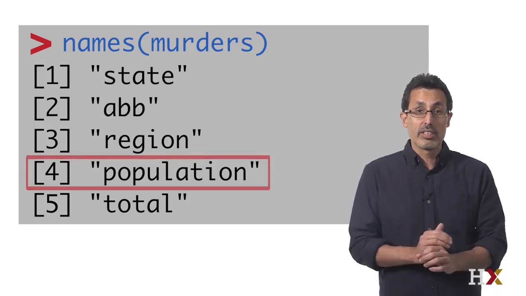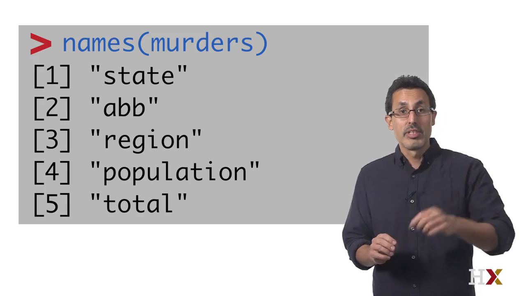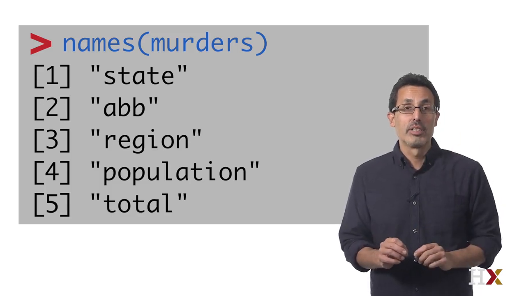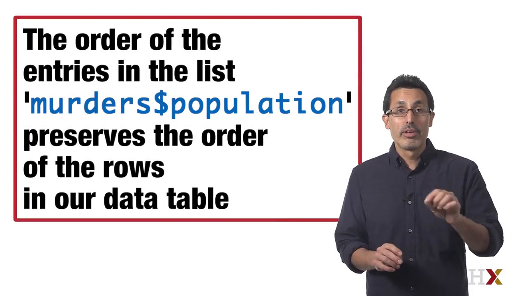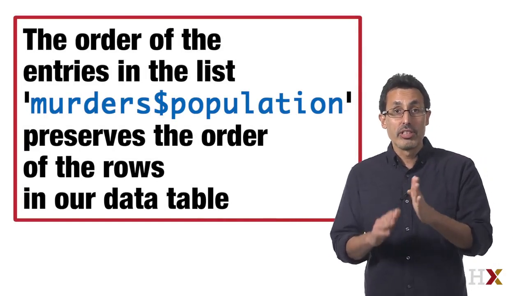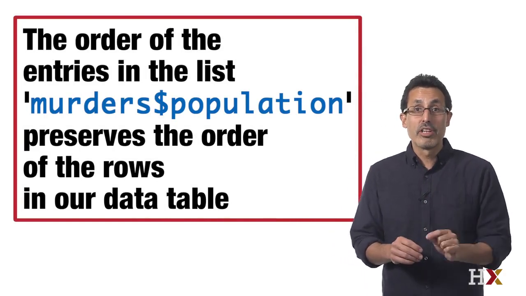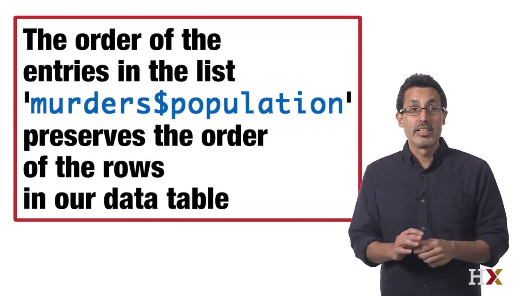So we can use the accessor combined with those names to access any of the columns in the data frame. It is important to know, for the rest of the analysis we're going to do, that the order of the entries in the murders$population list that we get preserves the order of the rows in our data table. As you will see, this will later permit us to manipulate one variable based on the results of another.